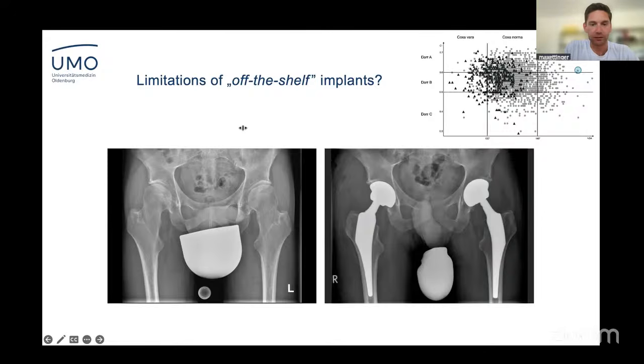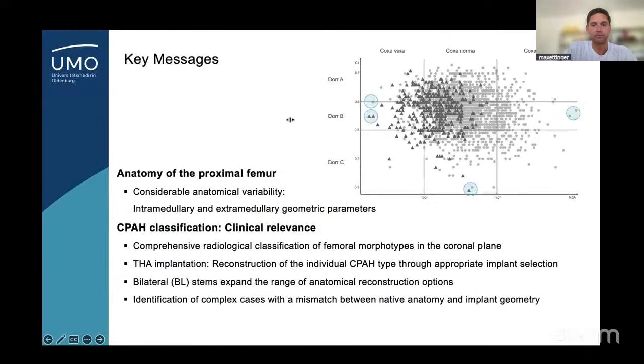So we did a bilateral individual one, in this case based on our planning, where we saw that this is not going to be good for the patient. So the key message of using the CPAH classification is that the anatomy of the proximal femur is, of course, very individual. So we have a considerable anatomical variability.